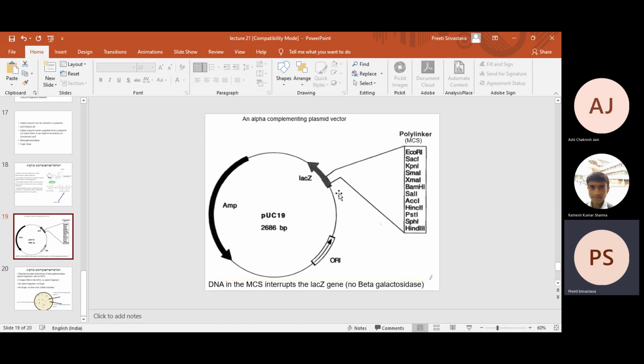So now the question comes: how can we have LAGZ spanning this multiple cloning site and still have the alpha subunit functional, point number one. And point number two, how can we utilize this multiple cloning site and how can PUC19 be utilized as an efficient gene cloning vector?